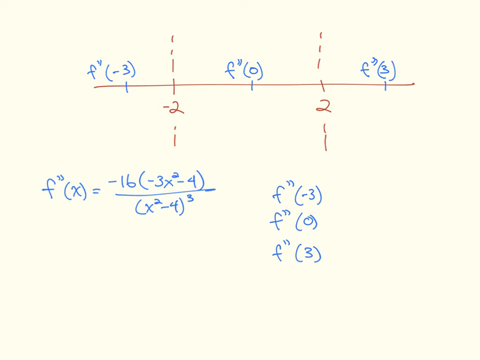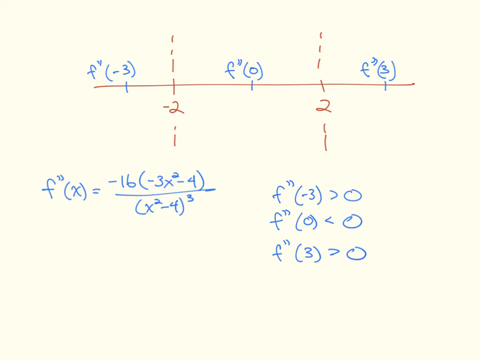And as it turns out, when you have these 3 values evaluated in the second derivative, you'll get that f double prime of negative 3 is bigger than 0, f double prime of 0 is less than 0, and f double prime of 3 is bigger than 0.